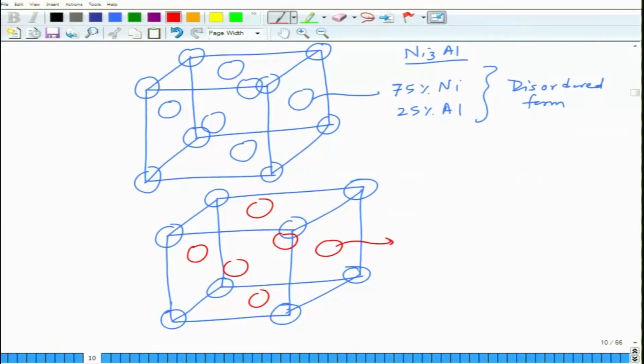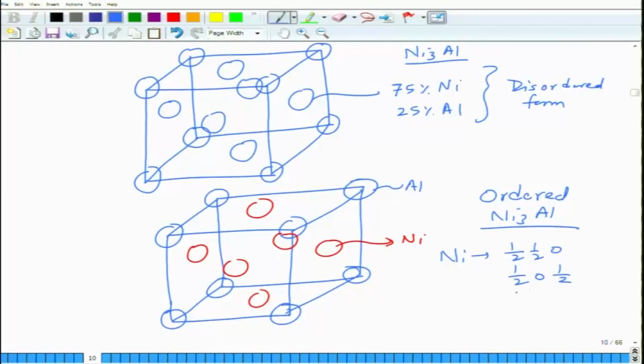So this is ordered Ni3Al, where nickel goes to half 0 half, 0 half half, and aluminum goes to 0 0 0.